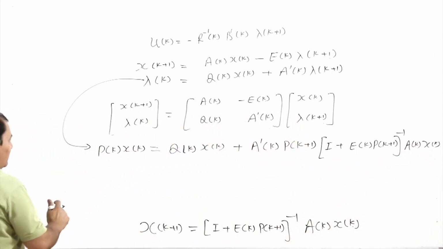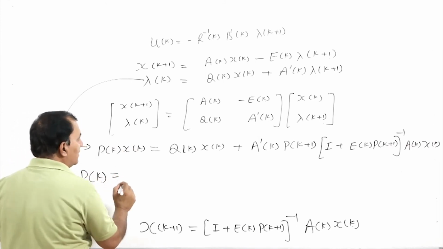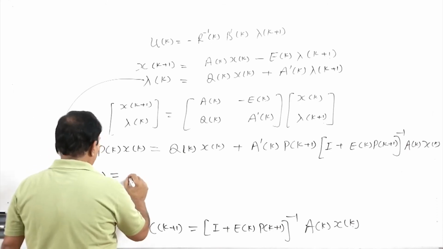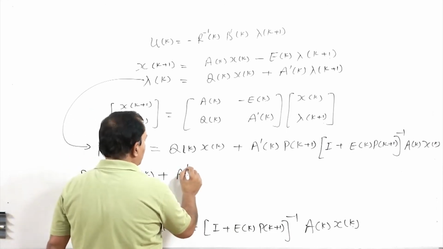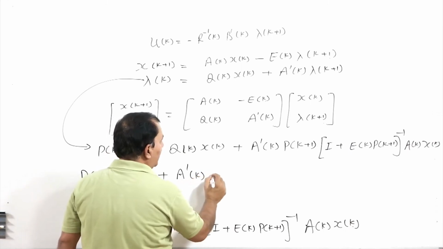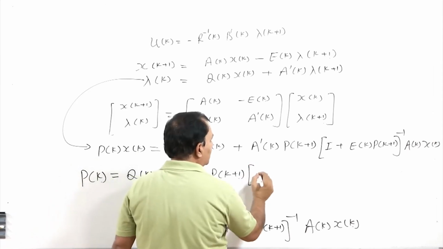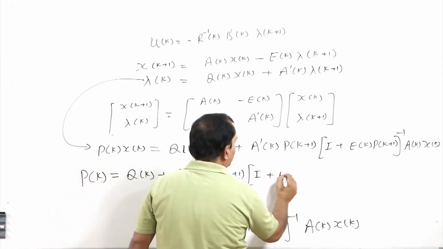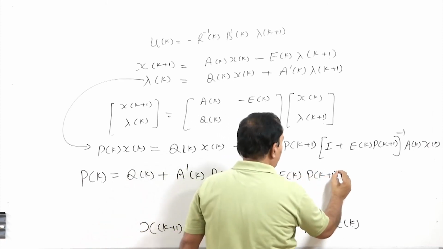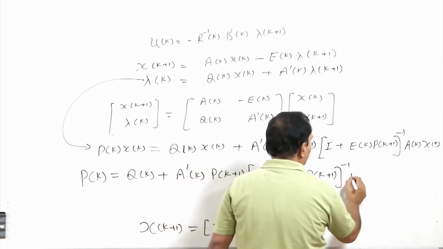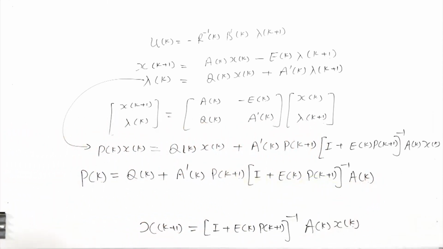So, I can eliminate xk from this equation to get pk equals qk plus A transpose k pk plus 1 (I plus Ek pk plus 1) whole inverse Ak. xk is eliminated.